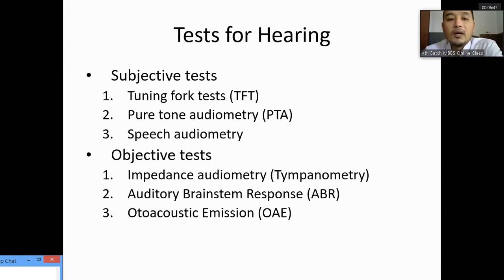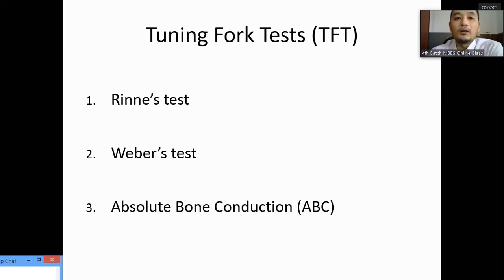Objective tests are impedance audiometry, also called tympanometry, auditory brainstem response, ABR, also called BERA, brainstem evoked response audiometry, and also otoacoustic emission. We'll discuss these tests one by one. Now, very important in the clinical setting, in the outpatient setting of ENT, is the tuning fork test.